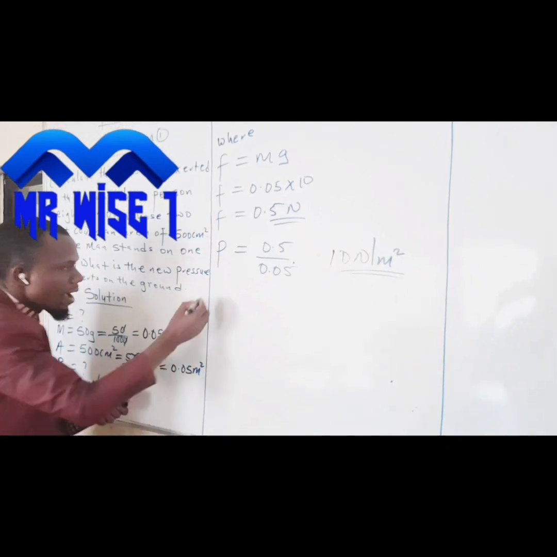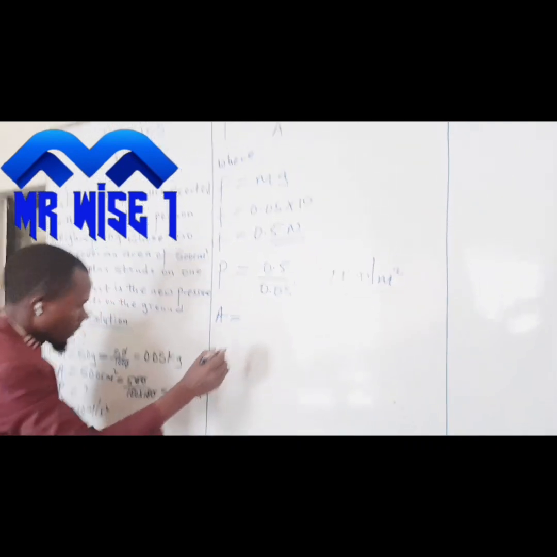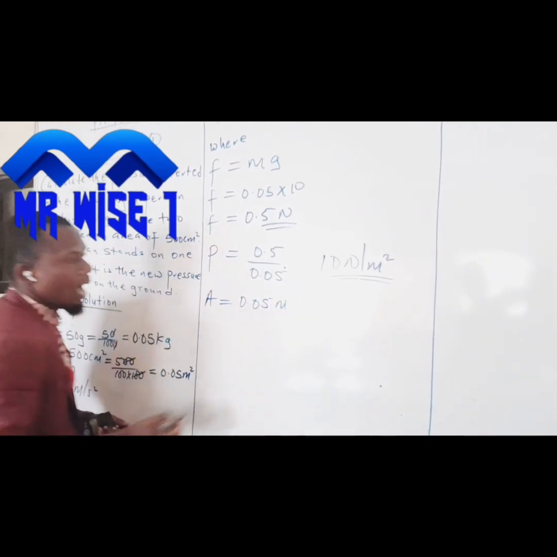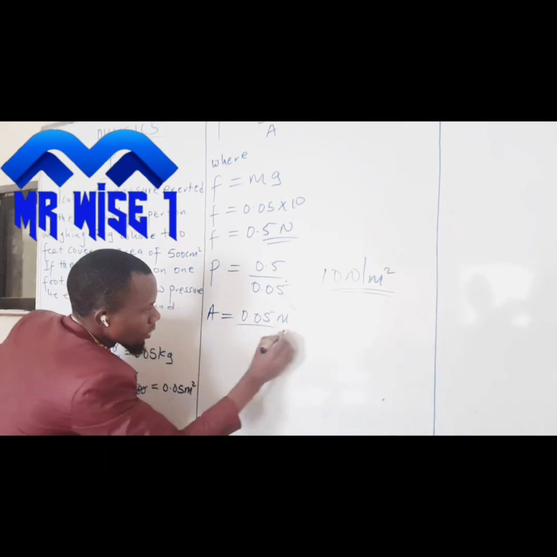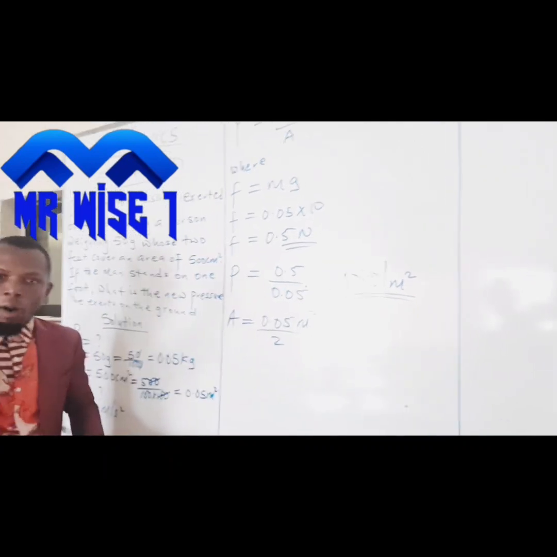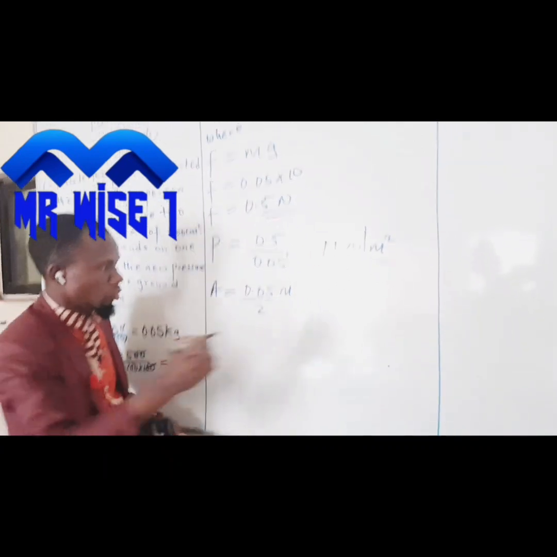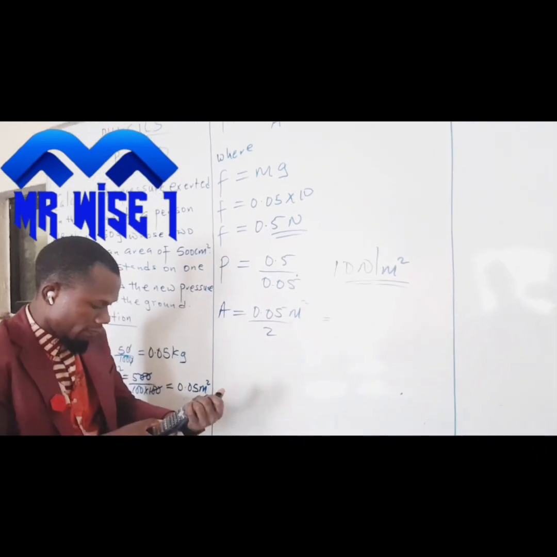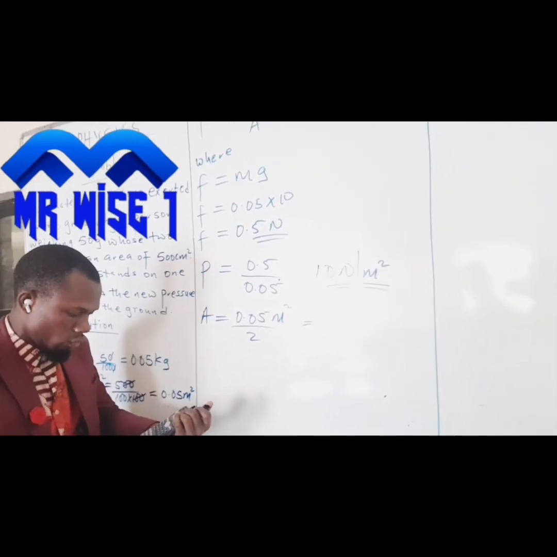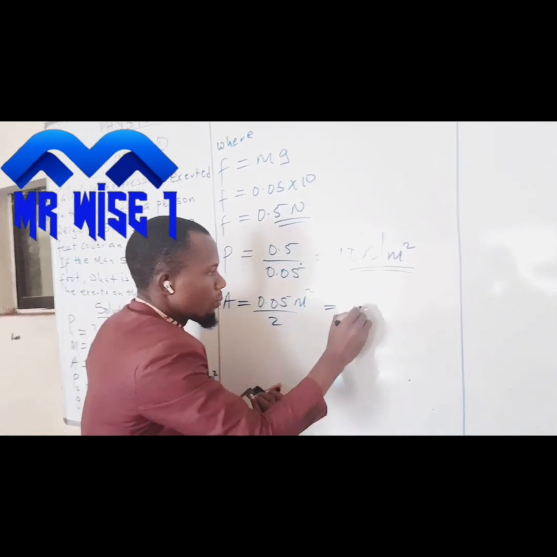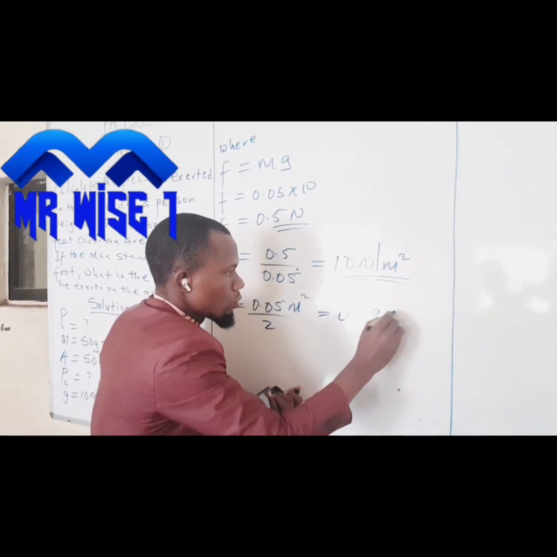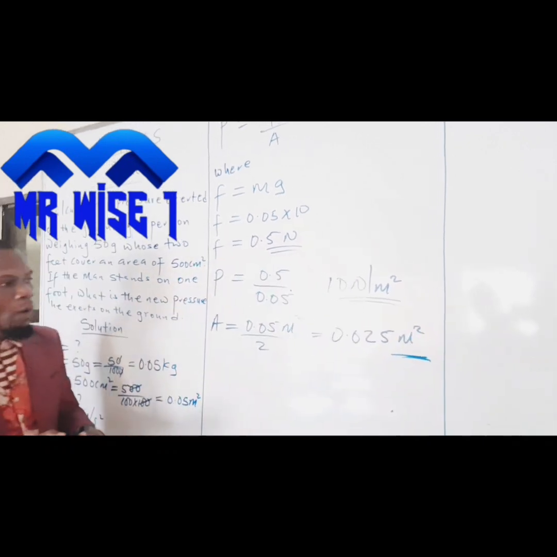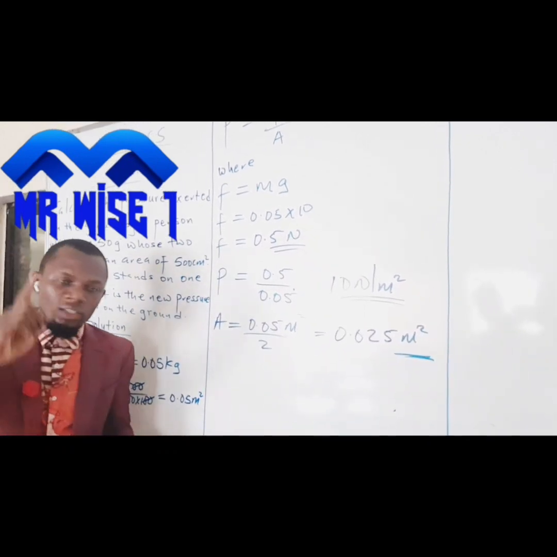That means this area that is given, 0.05 meters square, I need to divide by 2 because the man is standing on one particular foot. 0.05 divided by 2 is 0.025 meters square. So this is my area when the man is standing on one particular foot.